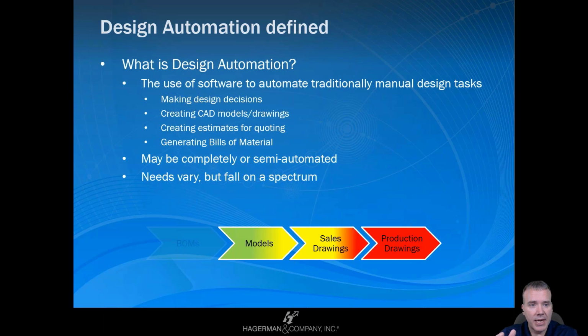So Hagerman Automation Connection does not have any sort of rules engine on its own. It is not designed to let you capture business rules or generate bills of material or capture the logic of your product. It's designed to facilitate especially the end of the design automation process.